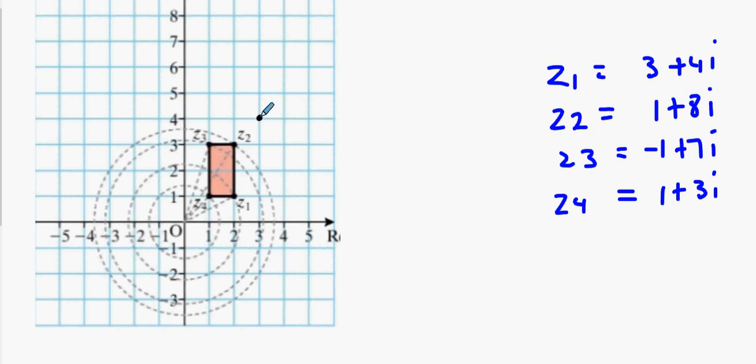No bother. Next one. 1 plus 8i. Z3, minus 1 plus 7i. Nice. And then what's the next one? 1 plus 3i. Oh, it's still a rectangle, which is good to know.